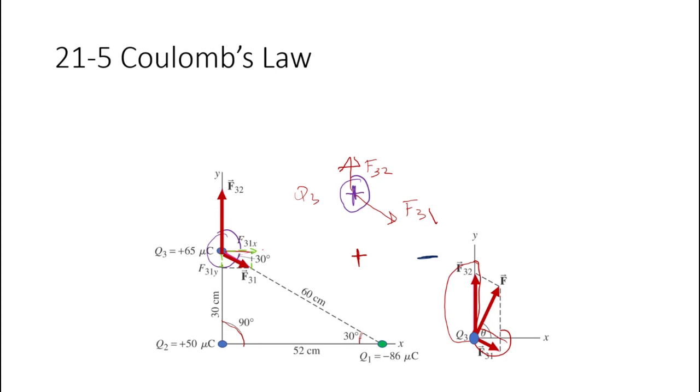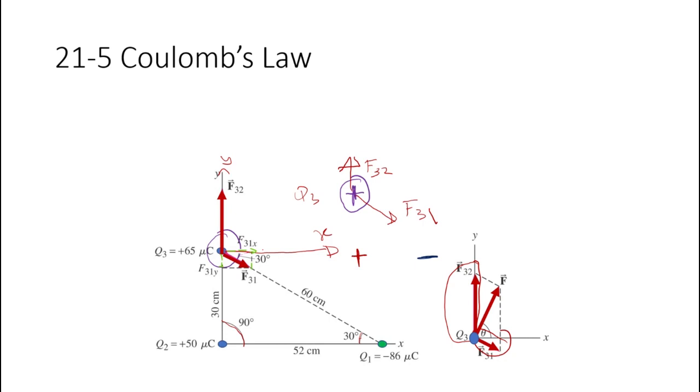If this is 30 degrees and this is my x-axis, and this is my y-axis, then I drop on x and I drop on y, and I get the coordinates of the force F31. It will be F31x and F31y. F31x will be F31 cosine 30 degrees, and F31y will be F31 sine of 30 degrees.